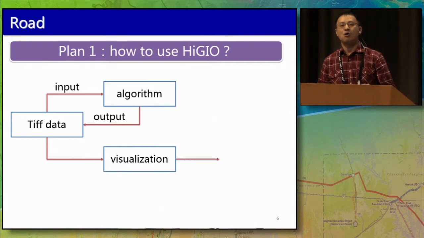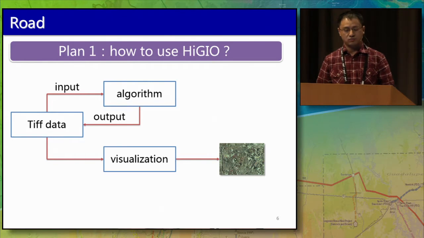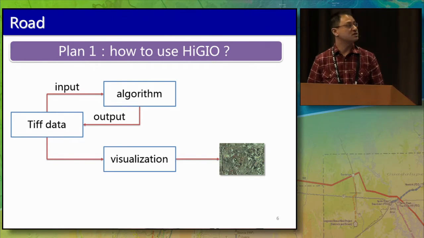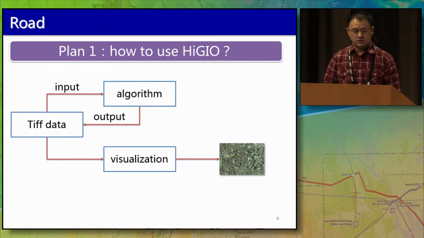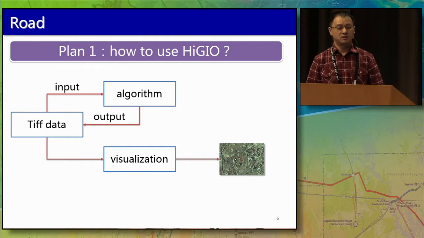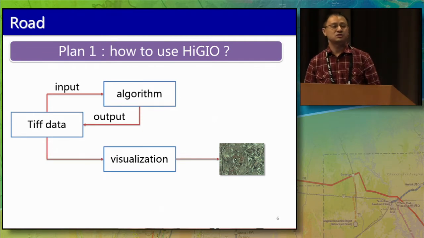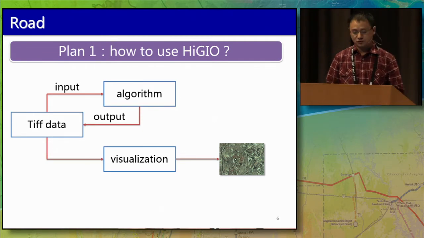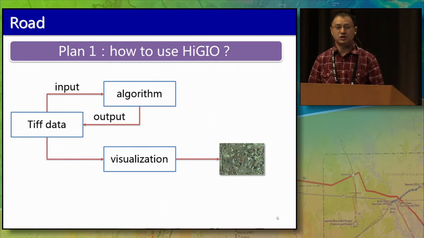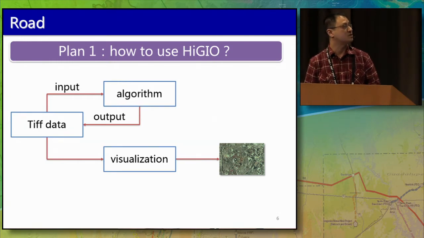Why are there so many versions of HiGeo? Now I explain the reason. In the first plan, we implemented HiGeo and the algorithms in our team. There are 11 universities and institutes responsible for implementing the geographical precision and analysis algorithms.